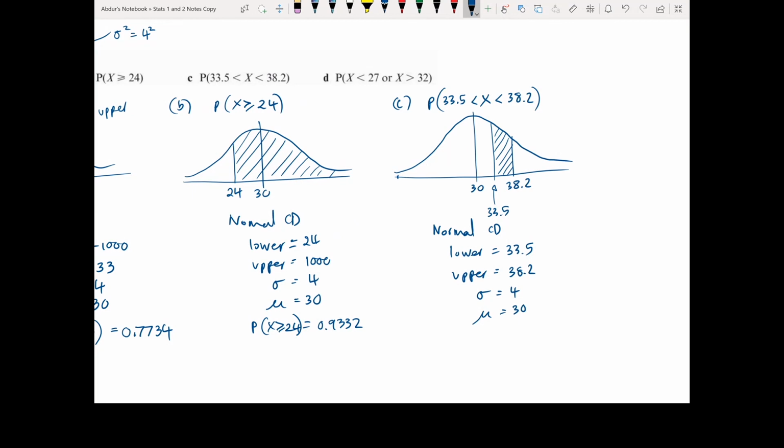If we substitute all these values into our calculator, it gives us a probability of x being less than 38.2 and greater than 33.5 equals 0.1706.